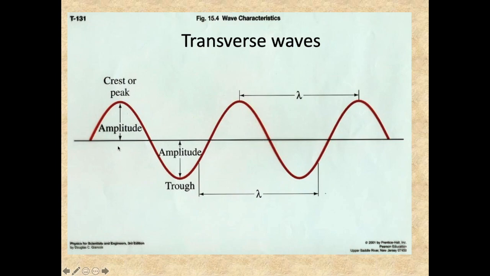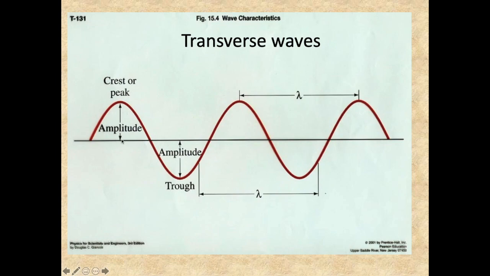The particles move perpendicularly to the propagation of the wave. In this case, the wave can be moving to the right, and each particle is moving vertically up and down, just like the soldiers we just saw. In that case, each particle actually is said to be oscillating.